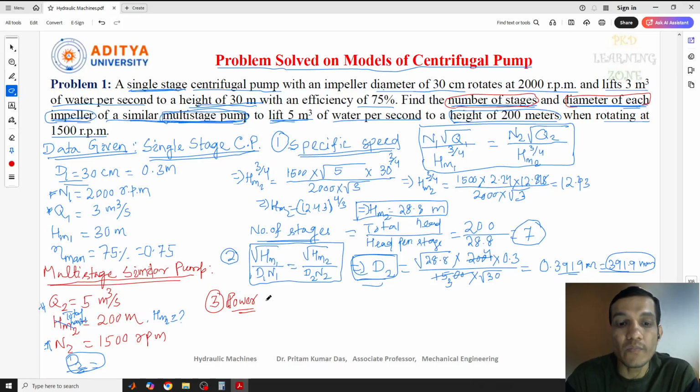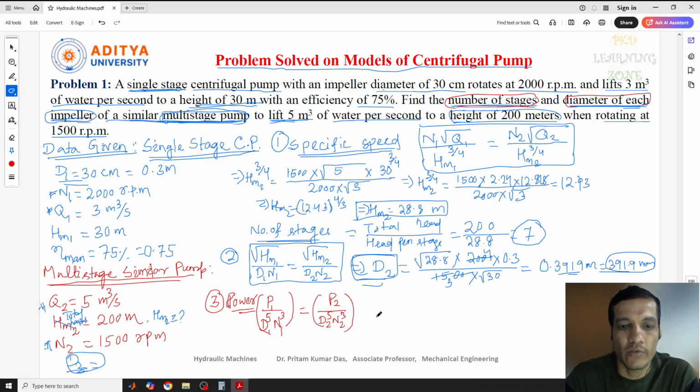Now in the last lecture, in our previous video, I derived this: P by D to the power 5 and N to the power 3. So this one we can consider for the one pump or for the model, and that will be equal to the prototype. So either you can write 1 1 1, or you can write model, or we can go for 2 or for the prototype. This is N to the power 3.